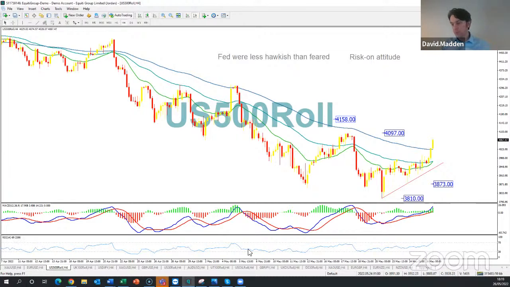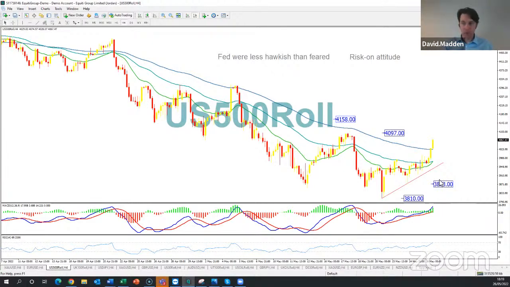Now, the last time we got close to overbought territory was this period here in late April, and you can see that was around the time the market moved aggressively higher. It didn't quite get into overbought territory, but got quite close to it. And the spike in the RSI, getting close to being overbought, preceded this sharp move lower. So will we see something similar again?